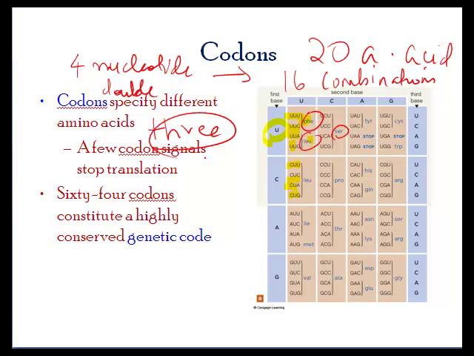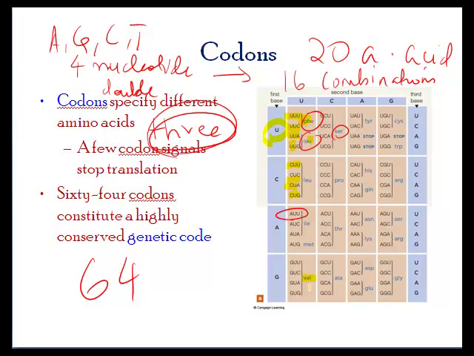There's a code of 3 nucleotides, and each code of 3 nucleotides gives you a particular amino acid. When you have 4 nucleotides, A, G, C, and T, and you make 3-letter combinations, the possible codes are 64. That is more than the number of amino acids, and that results in variation among different organisms. So more than 1 code is coding for the same amino acid. For example, VAL is a code for valine, and you have 4 different codes that will go and pick up the amino acid valine.